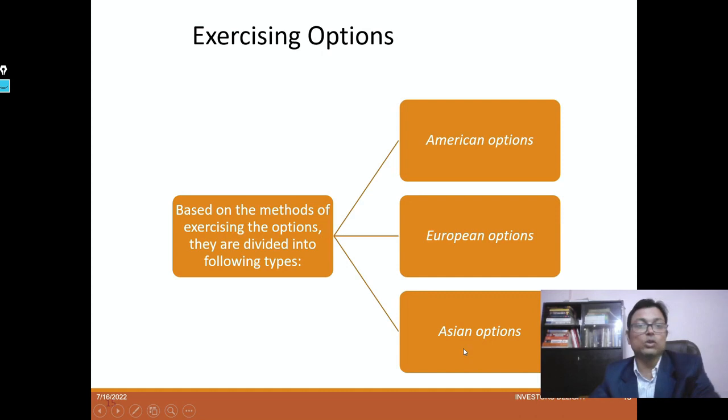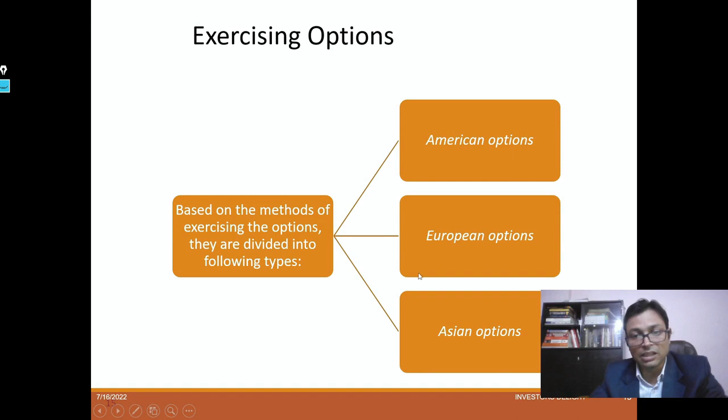So that we know. Now, based on the methods of exercising the options, they are divided into the following types. Either they are American options, or European options, or Asian options. American options are those which can be exercised anytime before the expiry date.